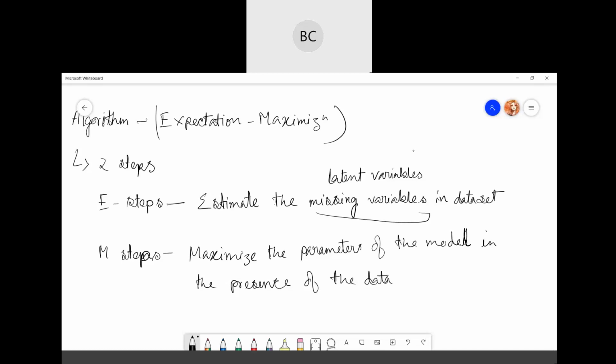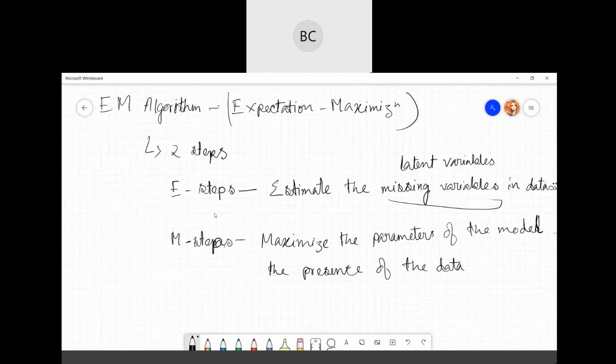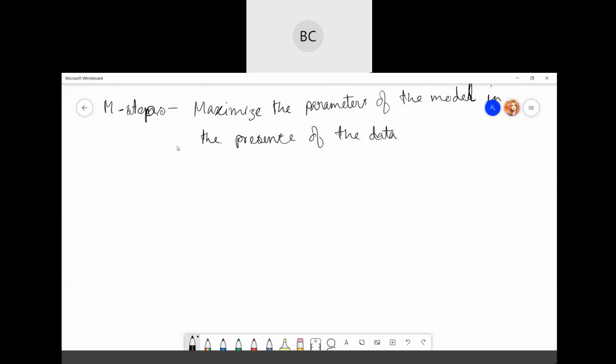First, it tries to estimate the missing variables. Then the second step is the maximization, that is, maximize or optimize the parameters. After this concept, it's fine. So next I want to go for the naive Bayes.